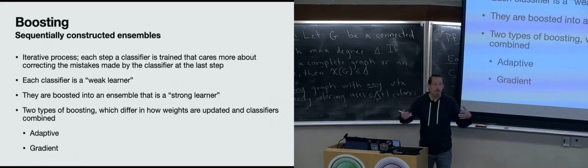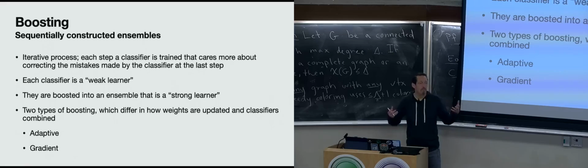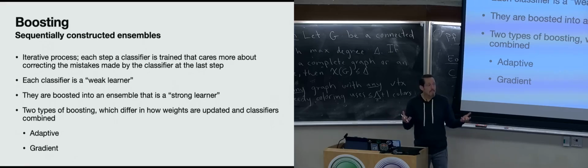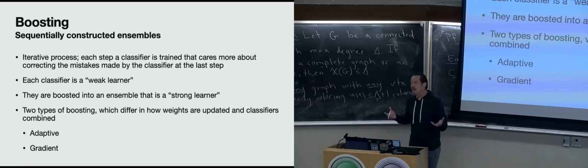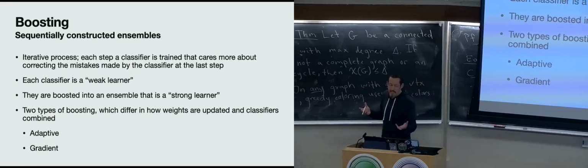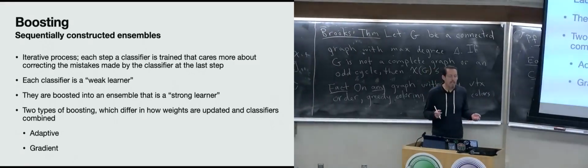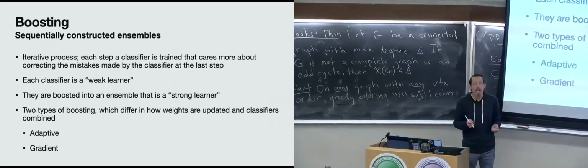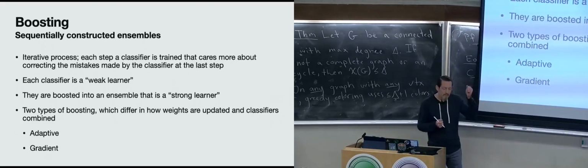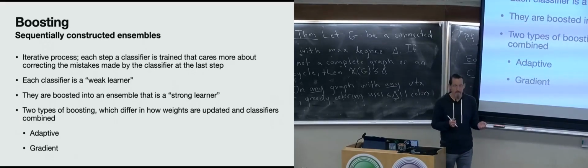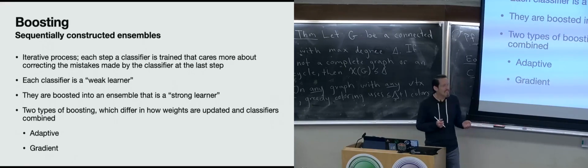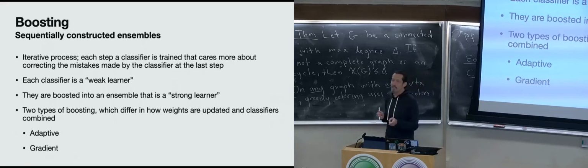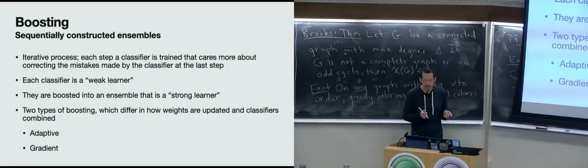We're forcing them to make independent mistakes by giving them different resamplings of the data. Now, instead of resampling the data, we're going to correct the learning of each classifier, so that if we're training classifier 6, we look at the mistakes classifier 5 made, and we make classifier 6 do better at those particular instances that were mistakes.